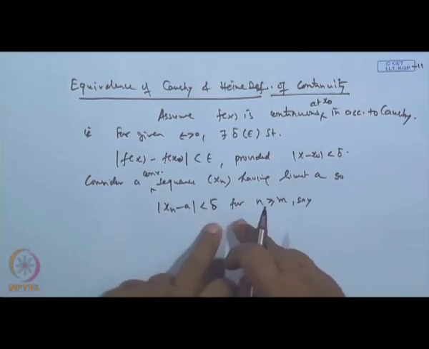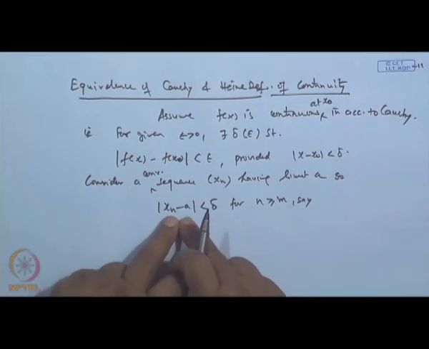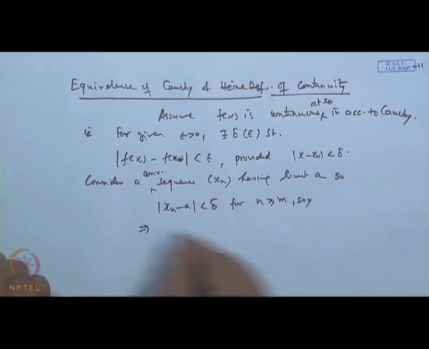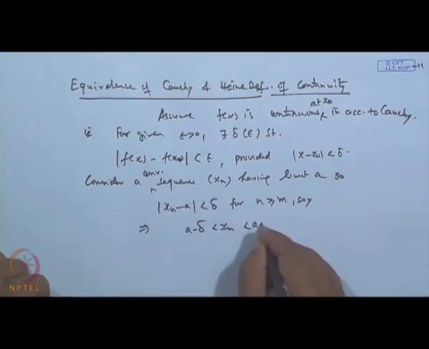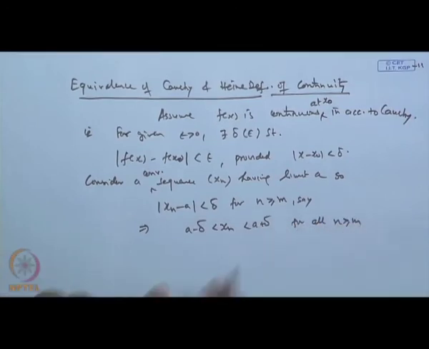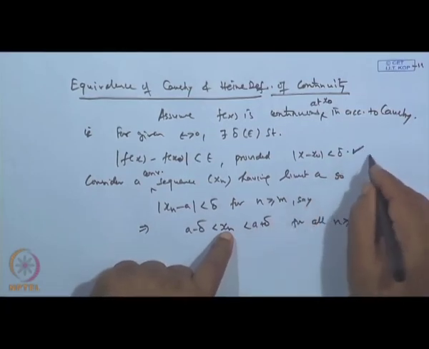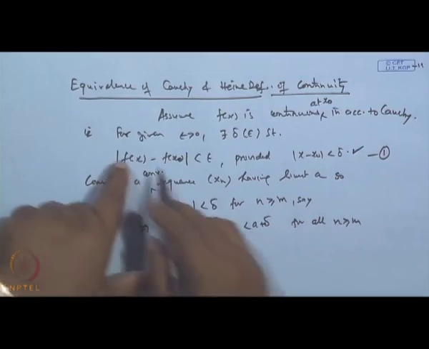So xn minus a will remain less than delta after a certain stage. This implies that xn lies between a minus delta and a plus delta for all n greater than or equal to m, and such points satisfy this condition.